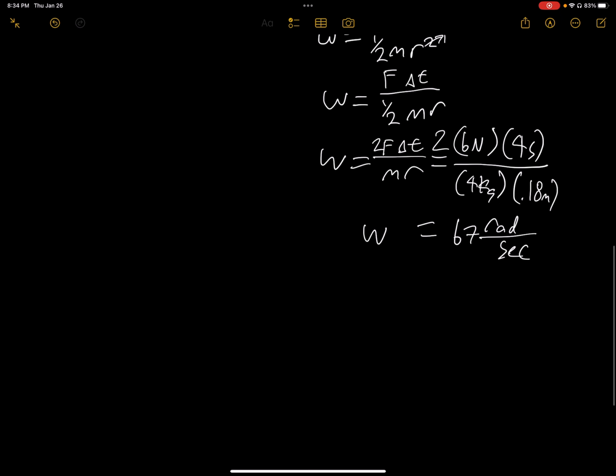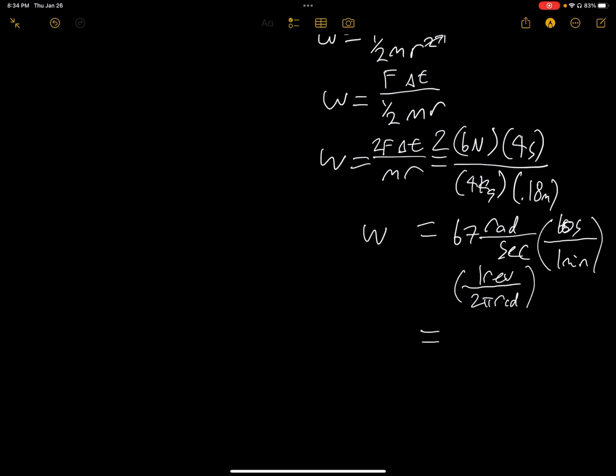Of course, they want it in RPMs, and so we have to multiply. 60 seconds equals 1 minute. And then multiply again by 2 pi radians equals 1 rev. And the answer we get is 640 RPMs. And that is our final answer.